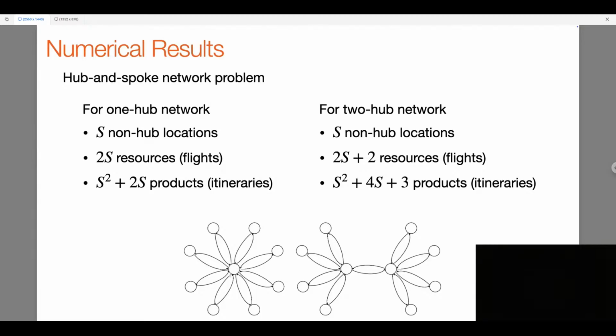There is only one hub, and there are S non-hub locations, so the number of resources will be 2S, and the products will be S squared plus 2S itineraries. And for the two hub network, these two are hubs, and there are S non-hub locations, and resources are 2S plus 2 flights, and we have S squared plus 4S plus 3 itineraries in this network.